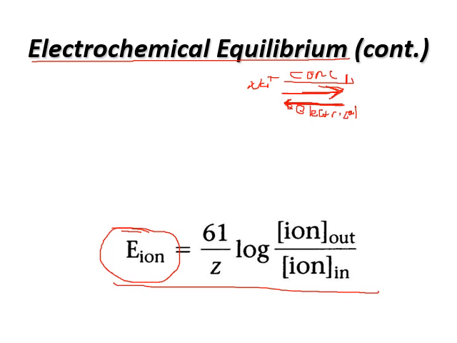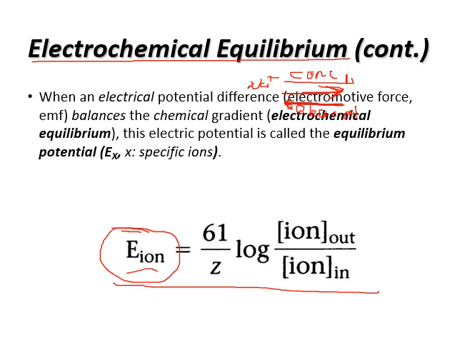So when we change the electrical force, at some point the electrical force is going to be the same as the force that is drawing the ion down its concentration gradient. So what this is calculating is: at what membrane potential will the ion stop moving, inside or out, depending on the ion? And we calculate this for individual ions.